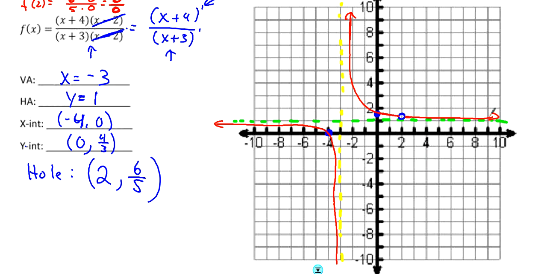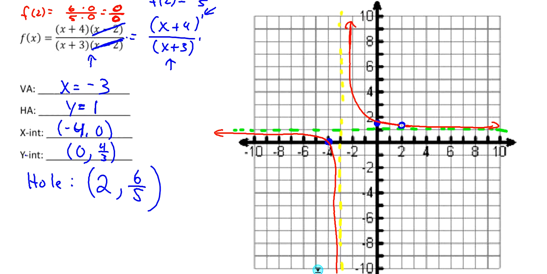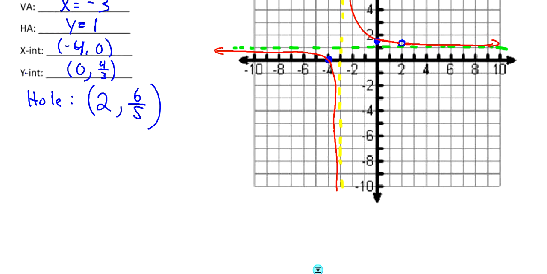So when we talk about the domain of these functions, our domain of this function is basically going to be all real numbers, except where my vertical asymptotes are or where my holes are. So a vertical asymptote and a hole are excluded from my domain.